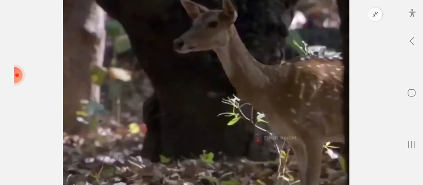Some are males and some are females, and it is said that the females have the most authentic alarm call whenever they are in danger, or whenever they think that a predator is nearby. So the sambar deer give certain signs, and those signs are very authentic and very popular. So they have the most authentic alarm call in the world. So sambar deer is the main food of the tiger.